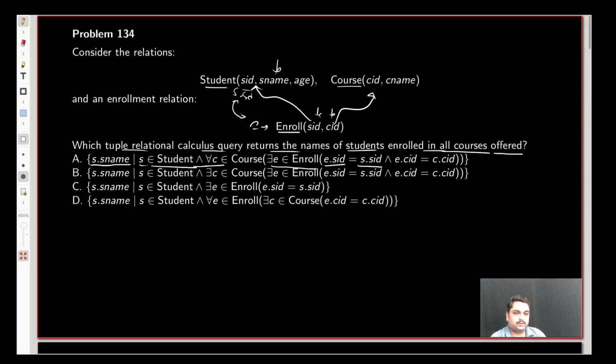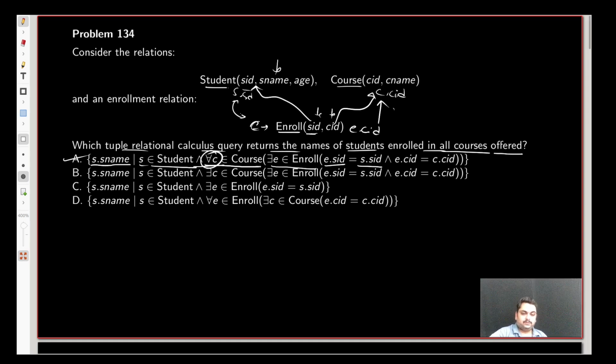That means this student is registered or enrolled. And then this E.CID should be equal to this C.CID. So it exactly gives you what? For all the courses it has to hold. So only those tuples will be selected where it is for all.